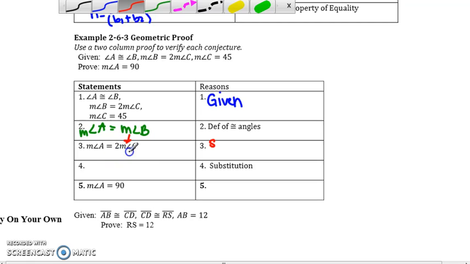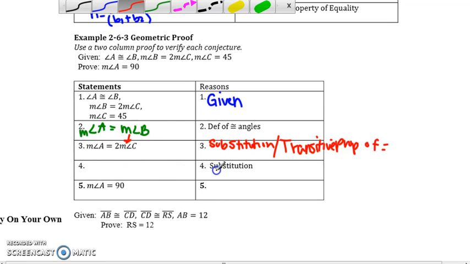This one could actually also be the transitive property, because if the measure of angle A is equal to the measure of angle B, and the measure of angle B is equal to this, then you could pick the beginning and the end. So either substitution or transitive property of equality would be sufficient there.